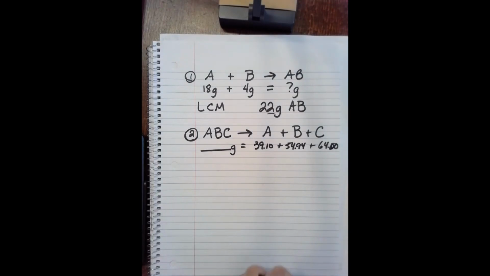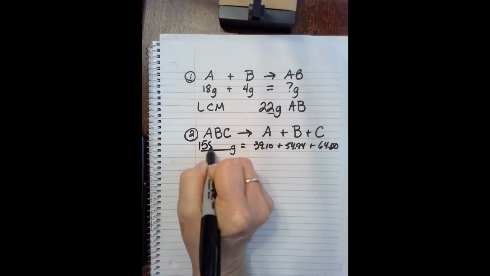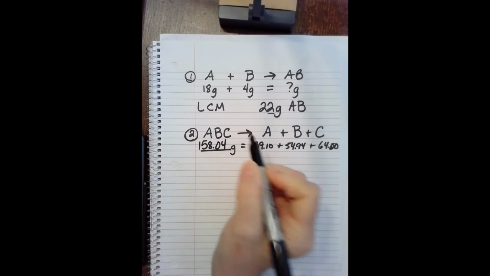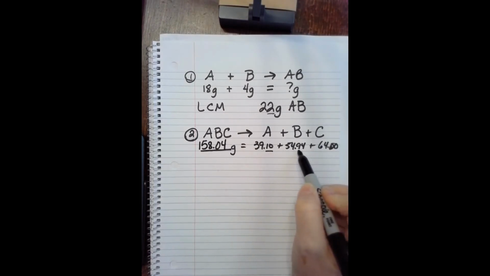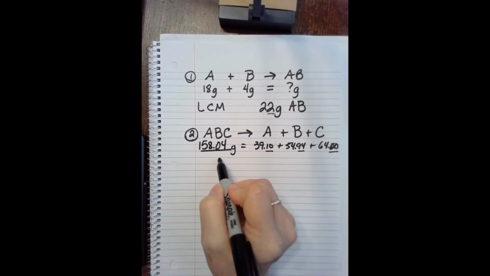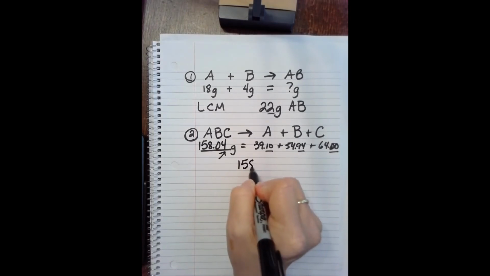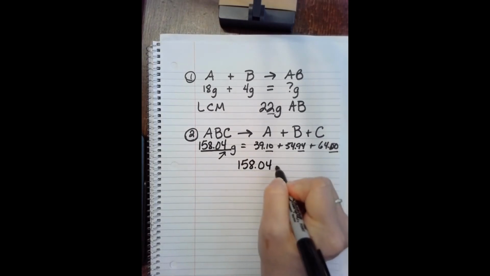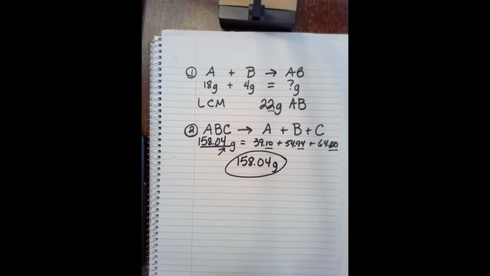So we grab our calculator, and we're going to add that up, and I get 158.04 when I add that up. Each of these numbers is significant to the hundredths place, so I can have this significant to the hundredths place. So 158.04 grams is my answer.